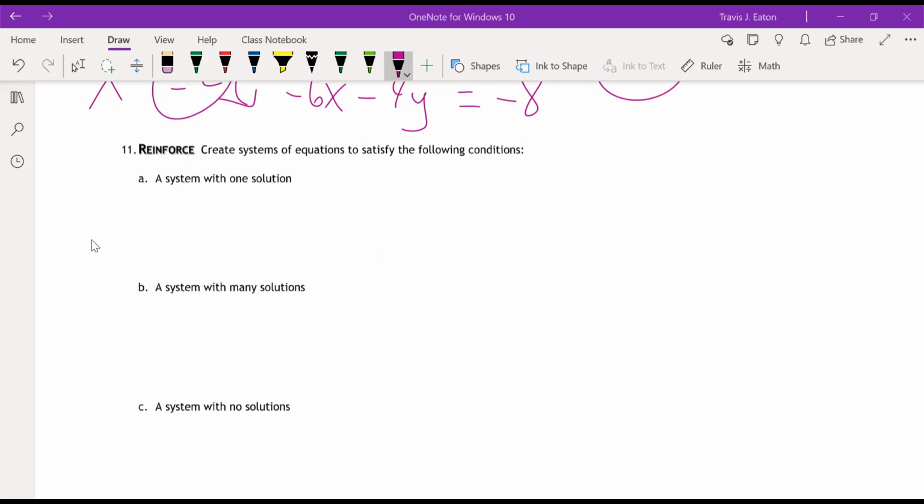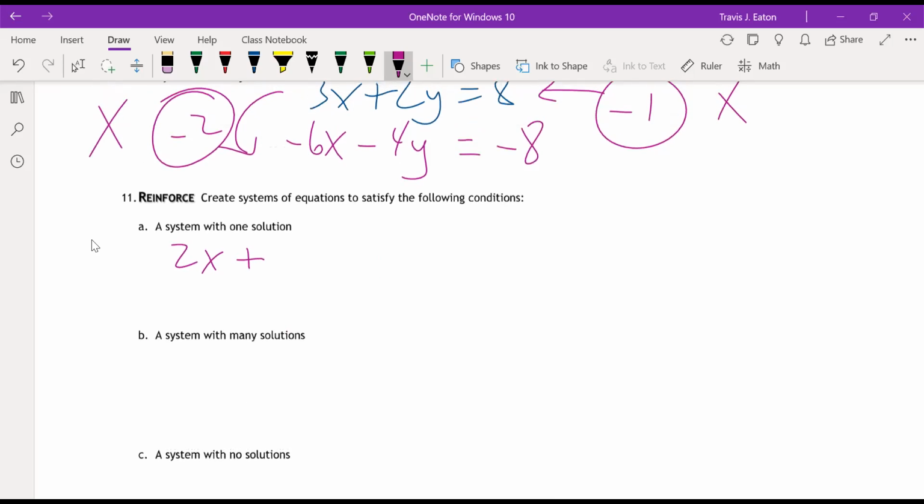All right. So let's say 2x plus 3y equals 4. But here's what you don't want to do: you don't want everything to match up on either side. So we could say 3x plus 3y equals, you know what?